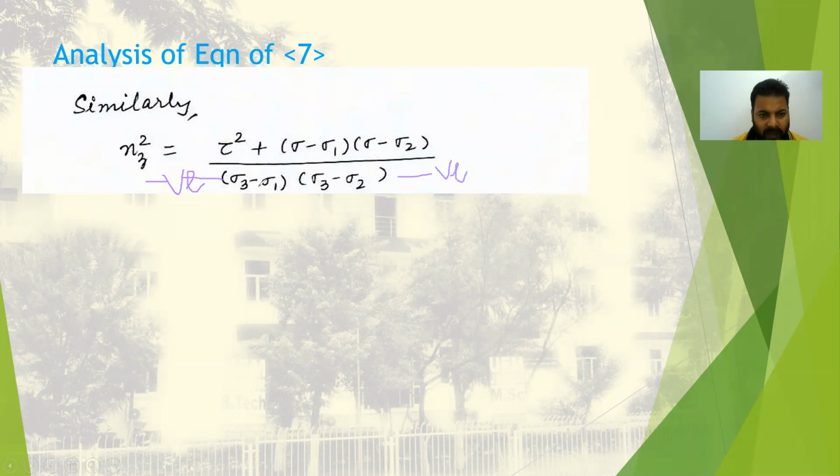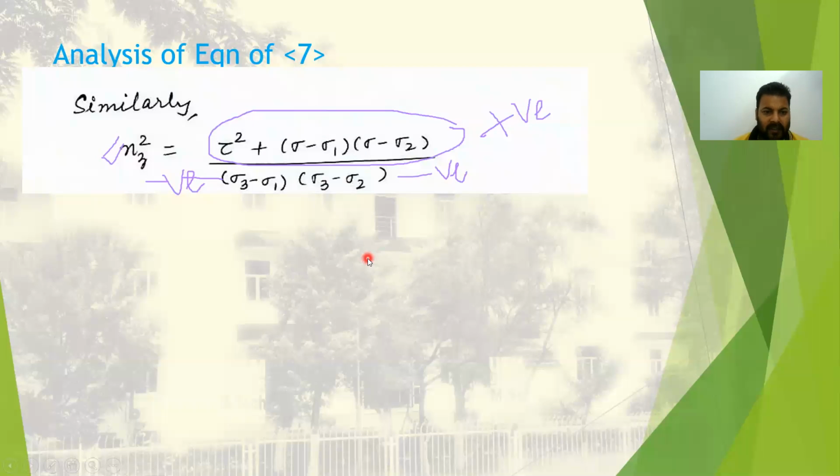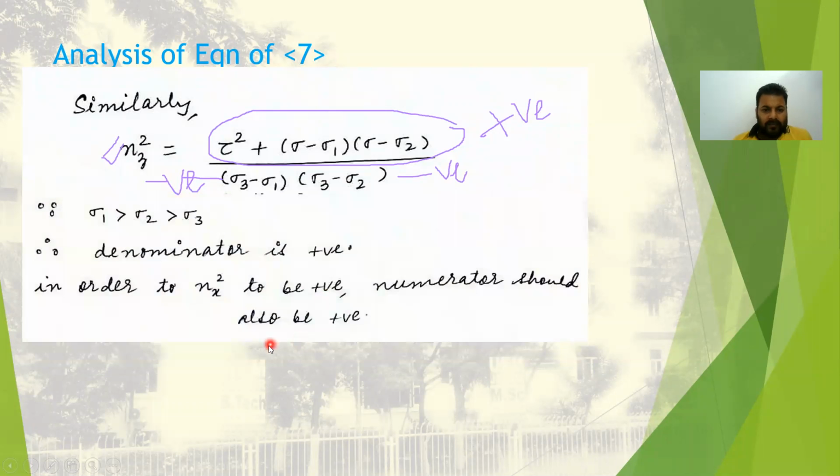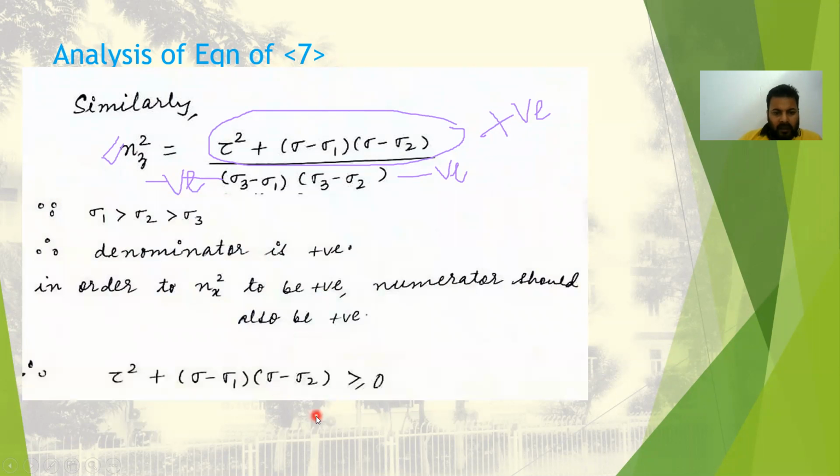So negative multiplied by negative, denominator is positive. So in order to bring this n_z square as positive, numerator should also be positive. This total numerator should be positive. Very easy to analyze. So applying this condition, the numerator has been copied from here.